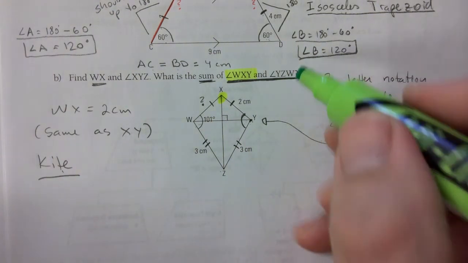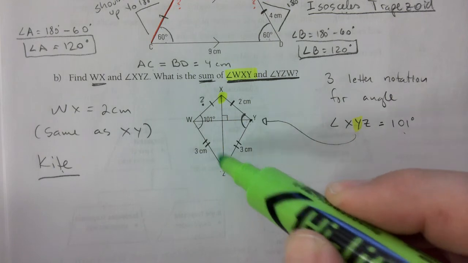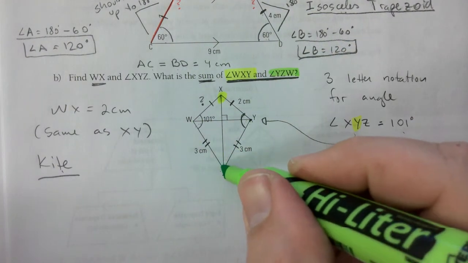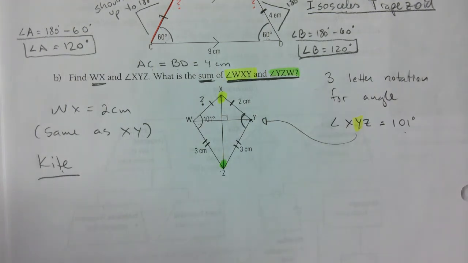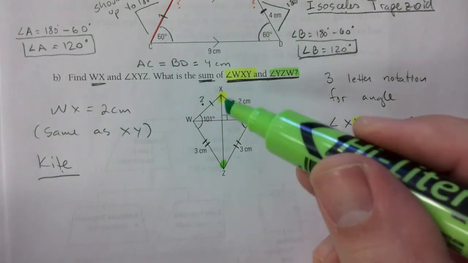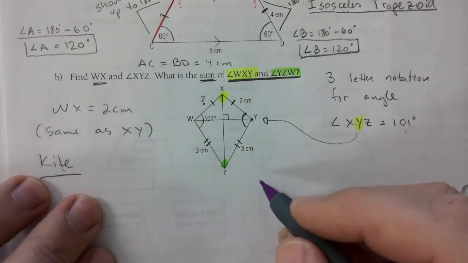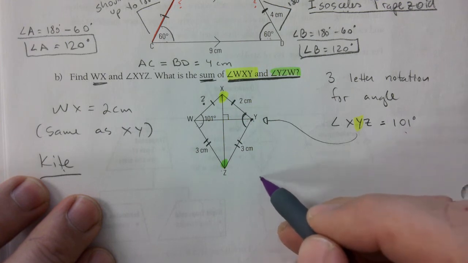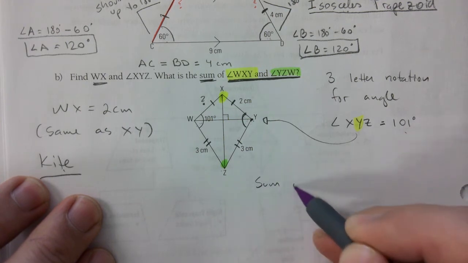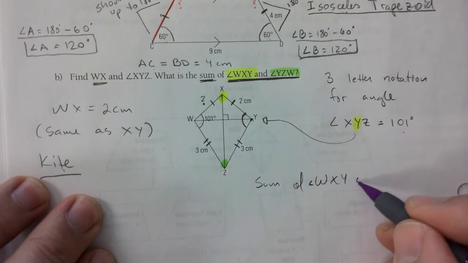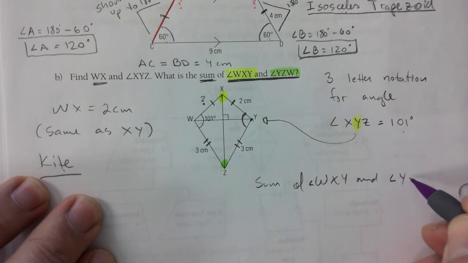And YZW, this angle right here, they're talking about this down here. So what would the sum of these two be? What would it be if you had to add them up? So the sum of angle WXY and angle YZW.